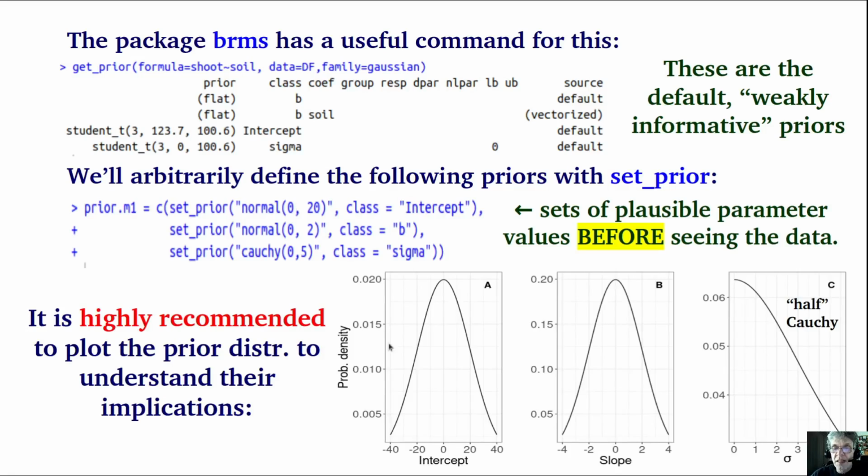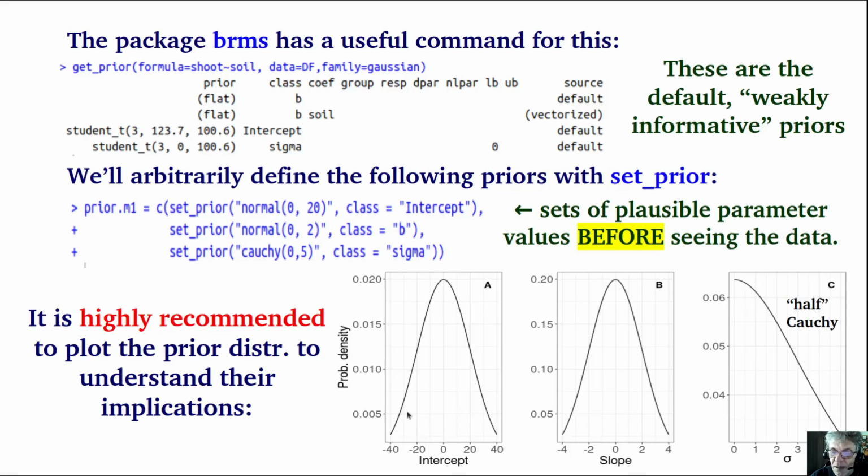For the intercept, we see a normal distribution centered at 0 with a standard deviation of 20. It means that 95% of the values expected for the intercept range roughly between minus 36 and plus 36.